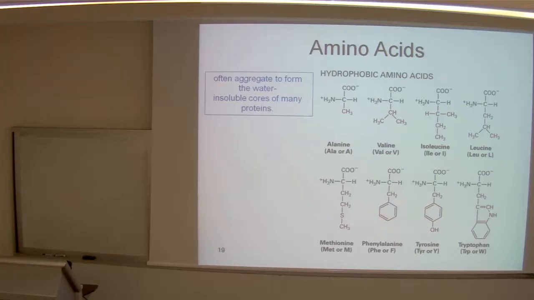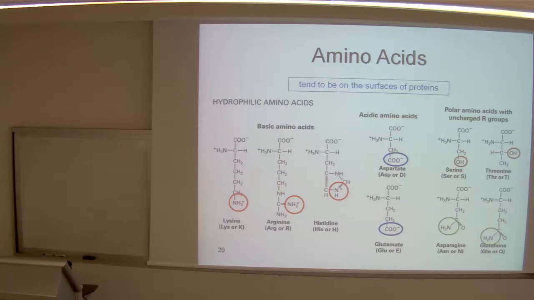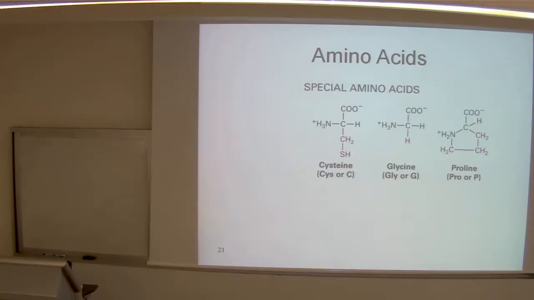I said that the hydroxyl is what stands at the base of the hydrophilic nature of the other group, and we do also have a hydroxyl here, but it collides sort of with the aromatic ring, and hence it is hydrophobic. Okay, so these are the hydrophilic amino acids. We'll just finish the amino acid screen and then take our break. So this is the last slide before the break.